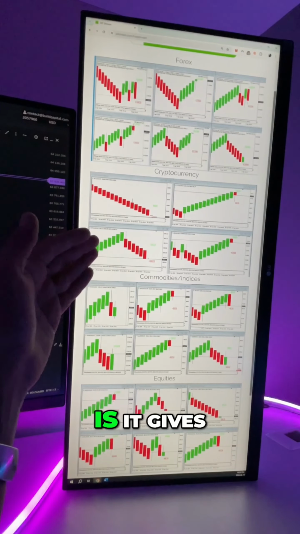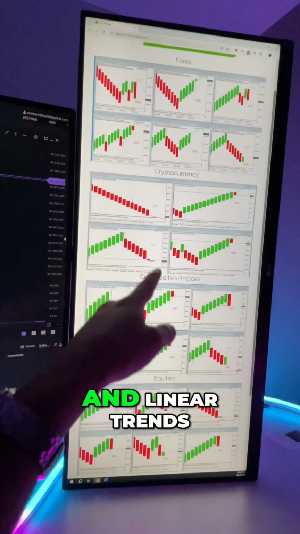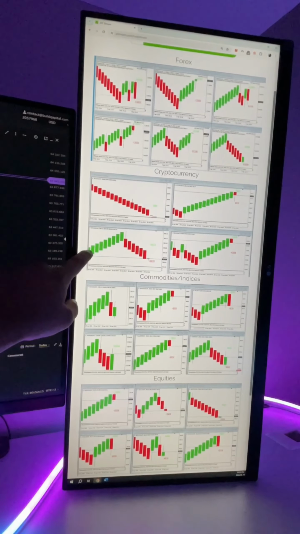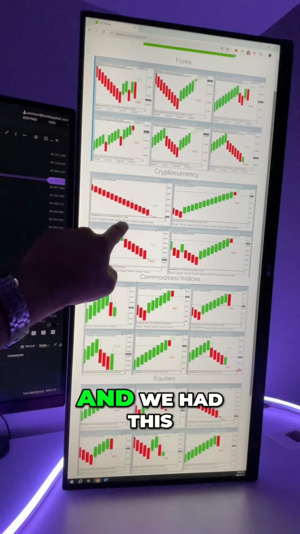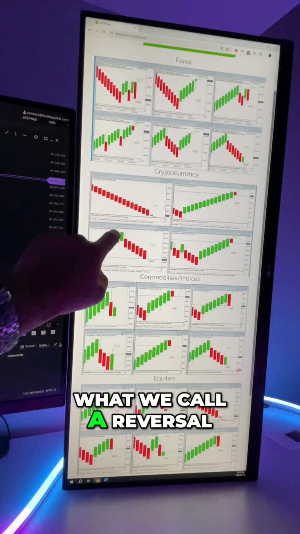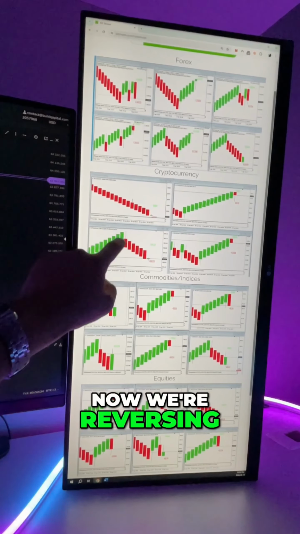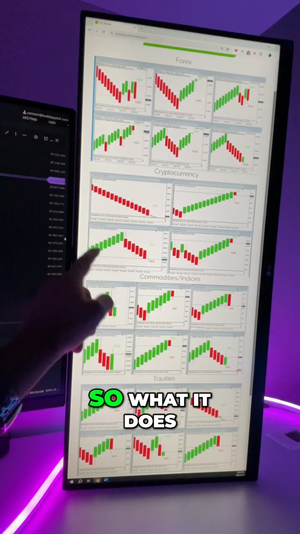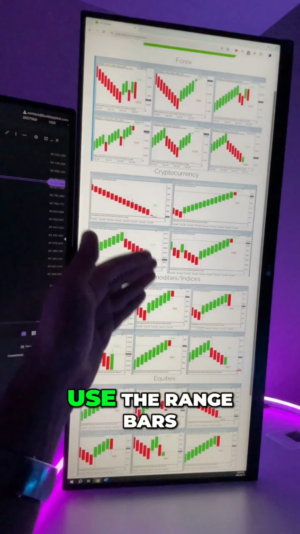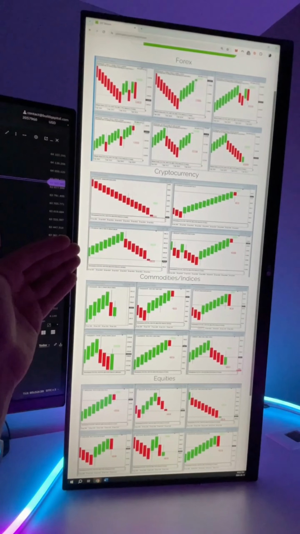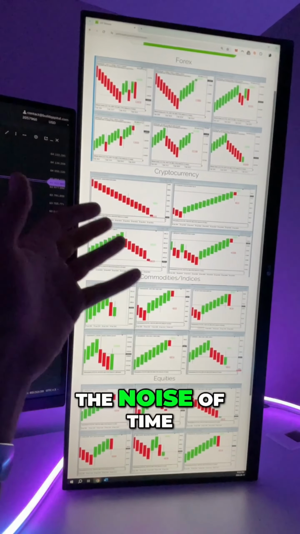That gives us very clean and linear trends. For example, you can see here we were in a very nice uptrend and we had what we call a reversal, which means we're going from an uptrend and now reversing into a downtrend. So we're able to use the range bars without any noise, for example, the noise of time.